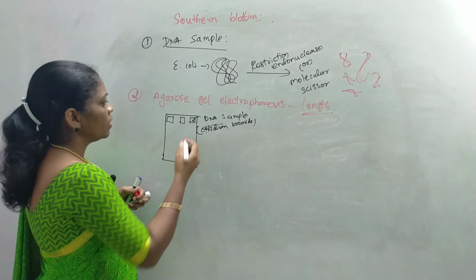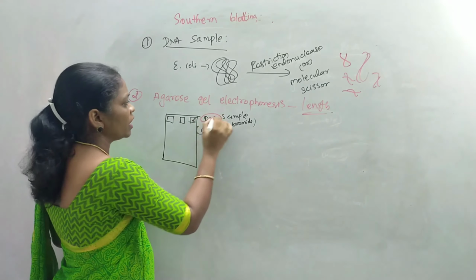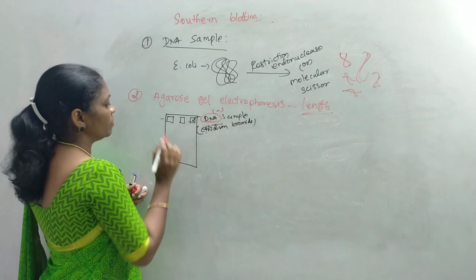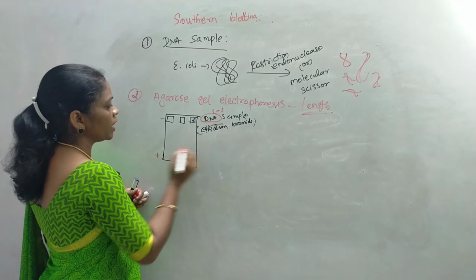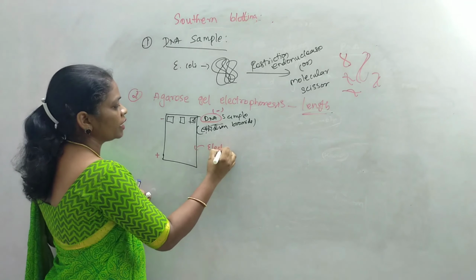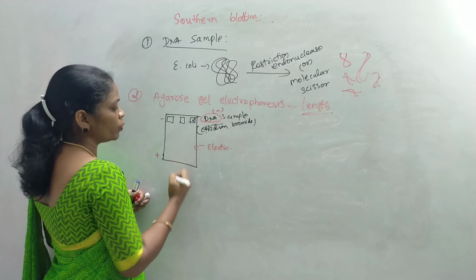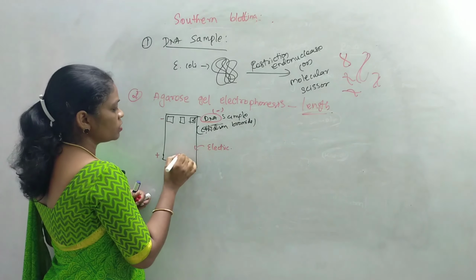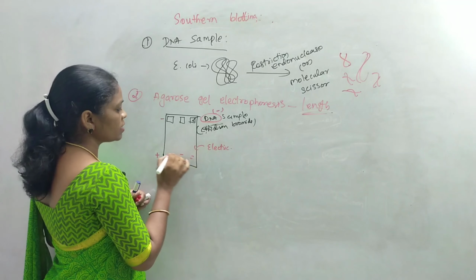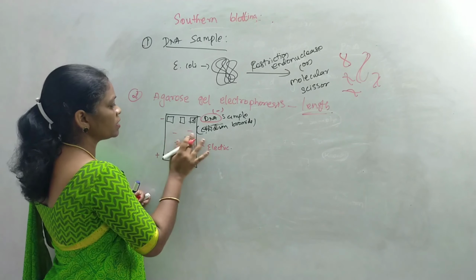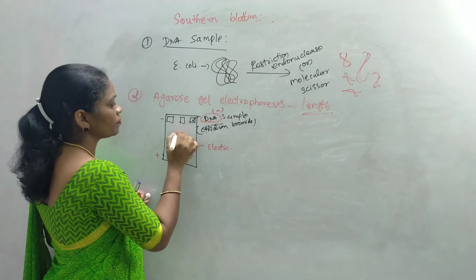We know DNA is a negatively charged particle, so the region where you find the wells will be of negative charge and the opposite side will be positive. When I apply the electric current, the DNA samples will start to move towards the positive charge. The shorter fragments will move very fast when compared to the longer fragments, because the agar gel contains small pores.